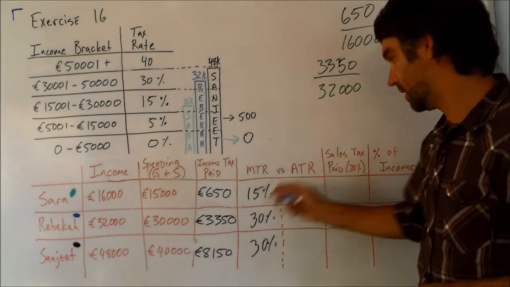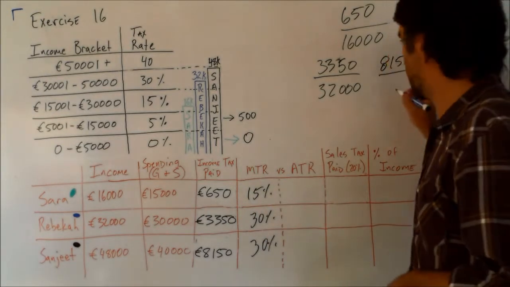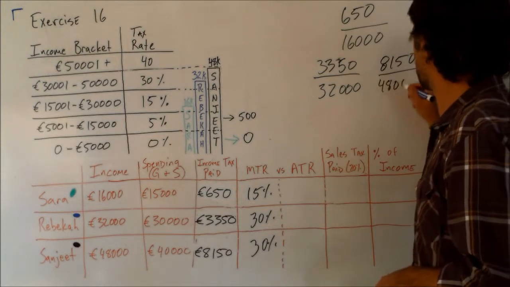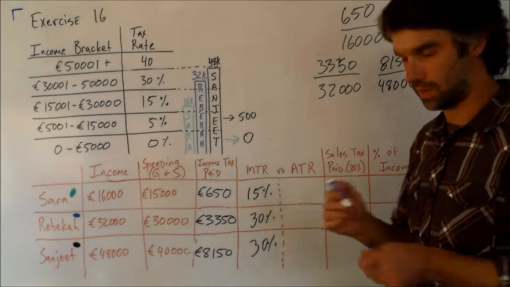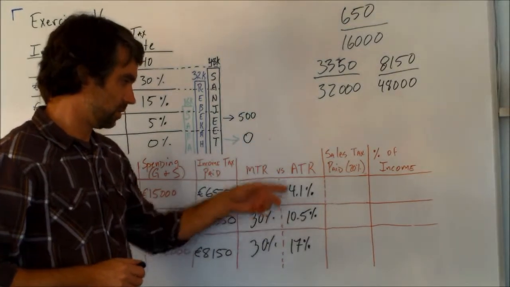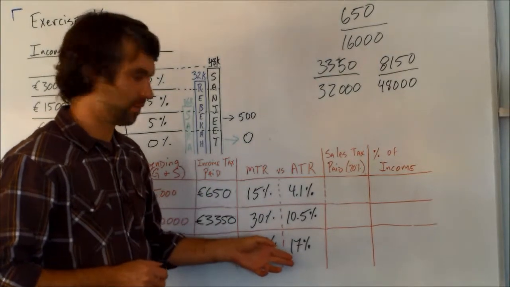And finally for Sanji, it's 8,150 divided by her income, which was 48,000. And that's going to produce the average tax rates for each of those three. So we see that these work out to the following answers there. That math produced these answers here.